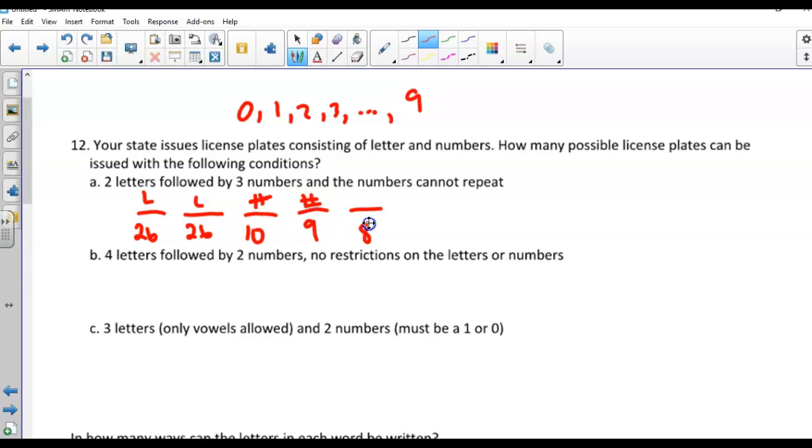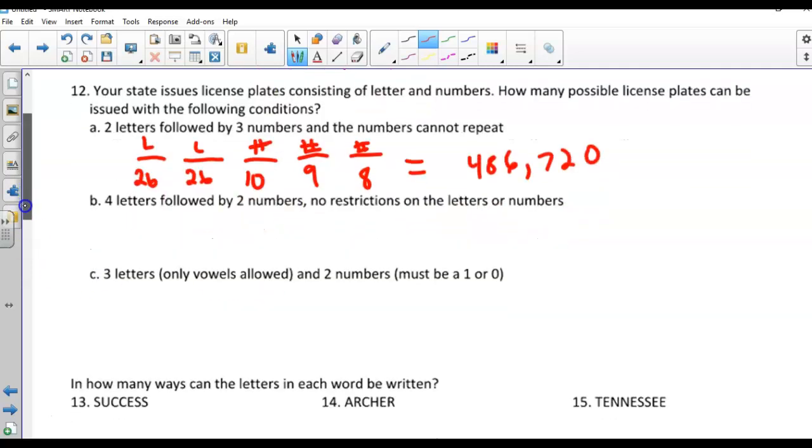And so on for this one, there's only 8 options because you cannot repeat whatever one is here. So when you multiply 26 times 26 times 10, 9, 8, it's going to be 486,720 possible combinations.